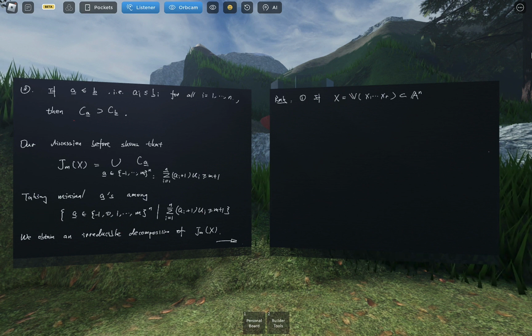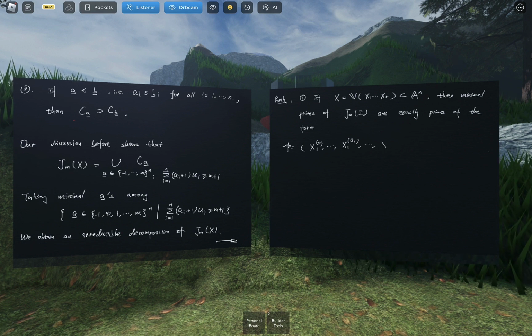Right. So if X is a reduced monomial scheme, then from our theorem, we know the minimum primes of the jet scheme are exactly primes of the following form, where again this a_i is greater than -1 and less than n.